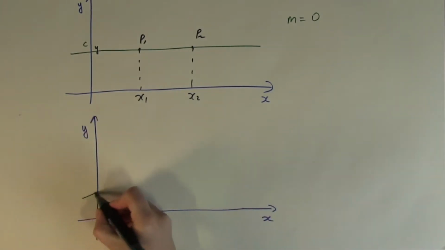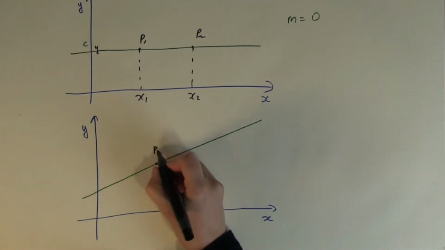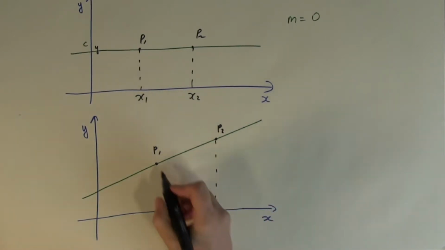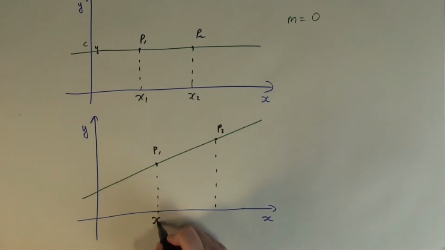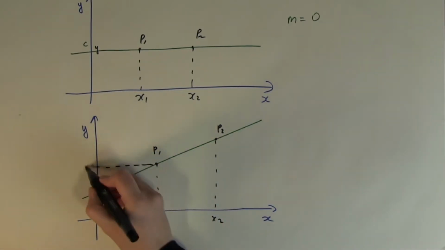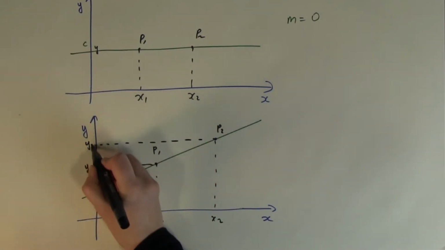If you look at a linear graph, that would look something like this. So the rate of change here again, I've got point 1 and I've got point 2, and I have got the corresponding coordinates. This is x1, this is x2, and that is y1, and that is y2.